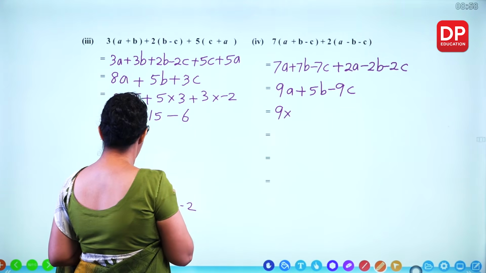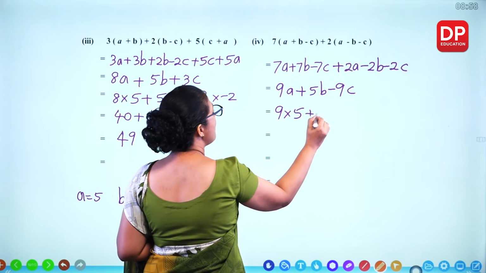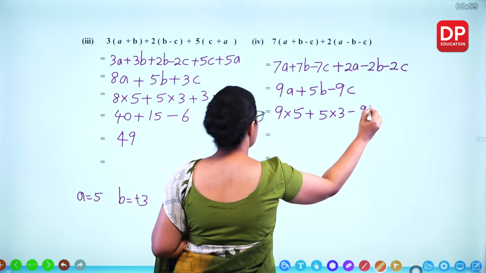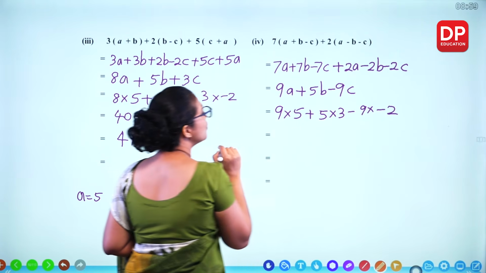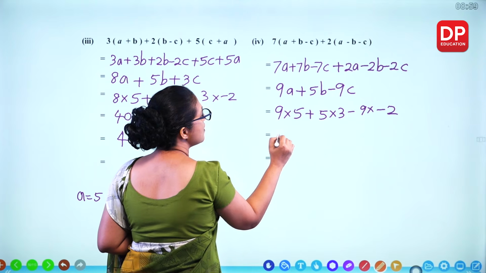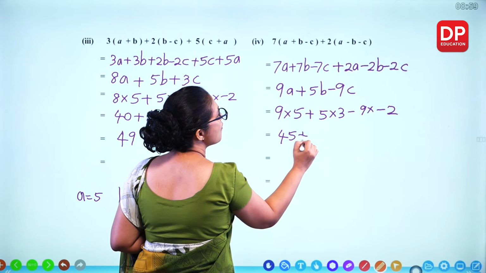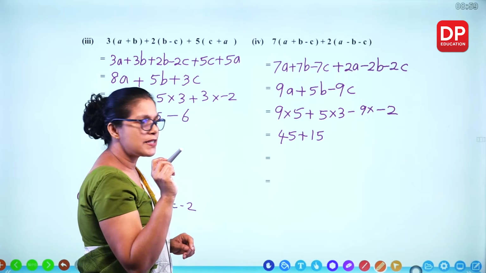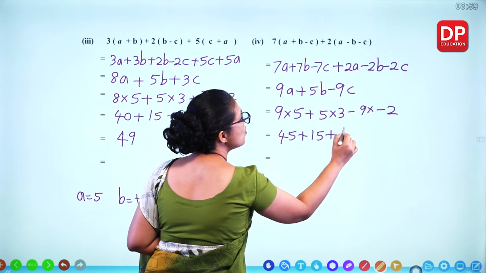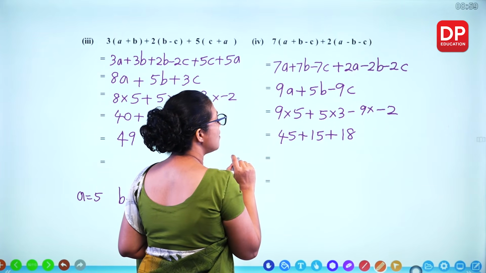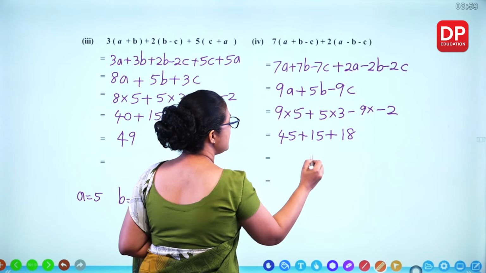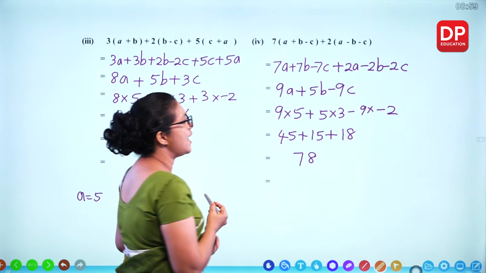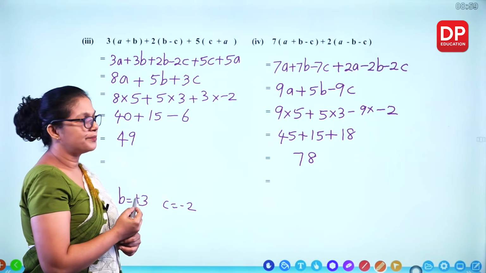A is 5, B is 3, and C is minus 2. 9 times 5, 45. 5 times 3, 15. And minus minus becomes plus. 9 times 2, 18. Now add all together. 45 plus 15 plus 18, so 78 is the answer.